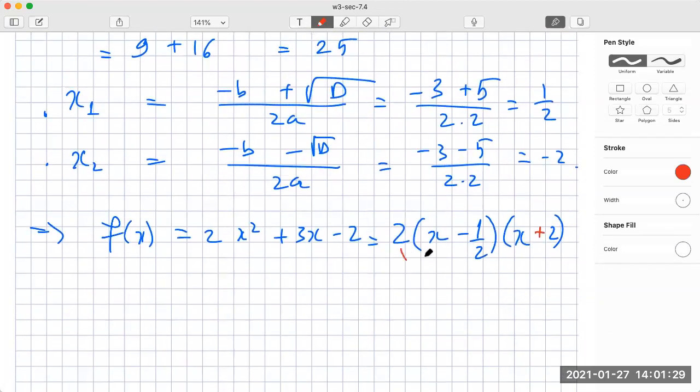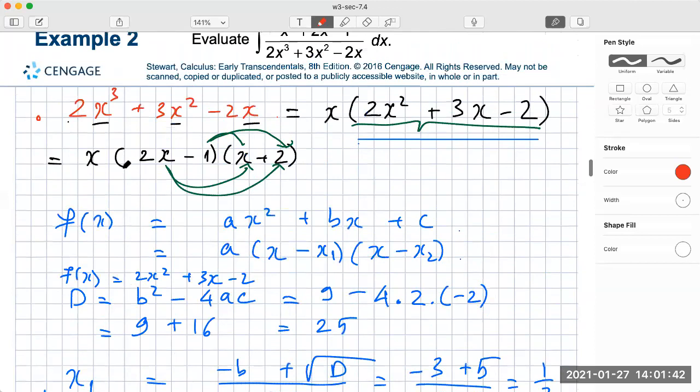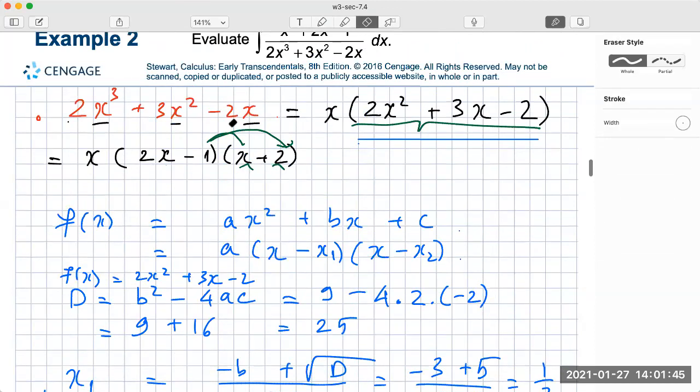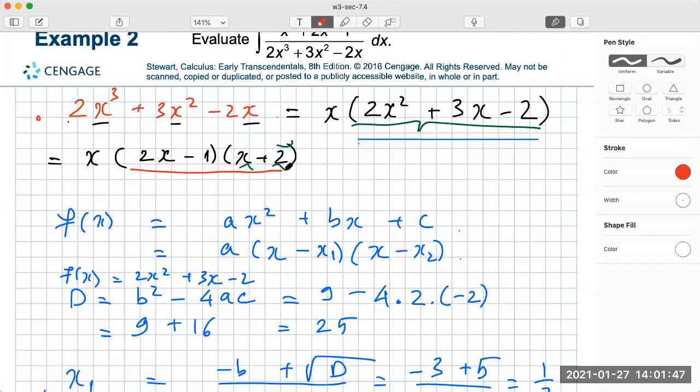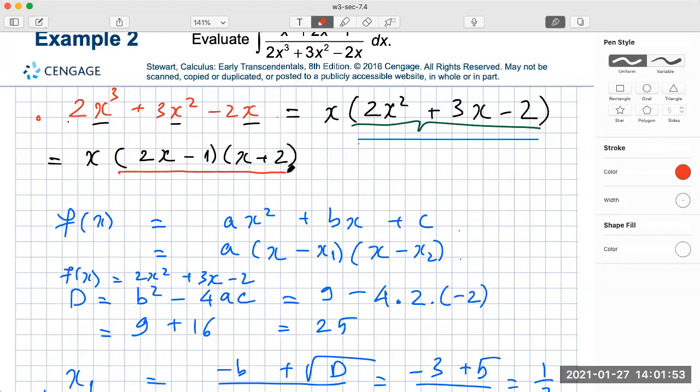So if you distribute this guy to here, what do we have here? It is exactly the same as what we have here. Okay, this is another way how to find it properly.